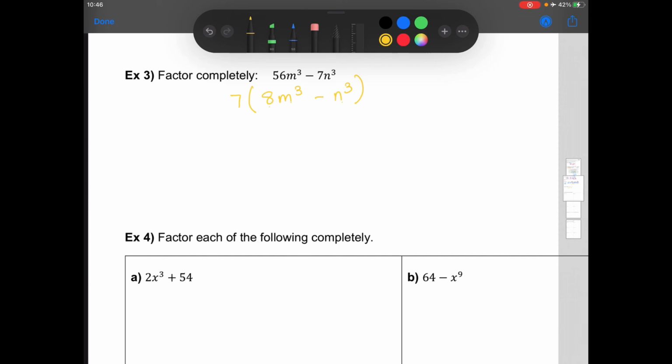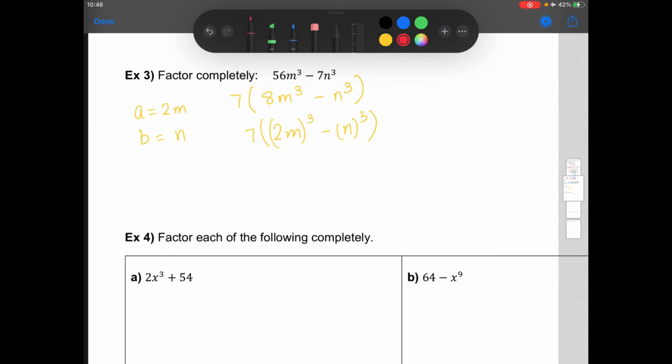So can I rewrite this as 2m cubed minus n cubed? I know my a. I'm going to leave my GCF out for a while. I'm not really worried about my GCF, right? So put this parenthesis. So my a is 2m, my b is n.